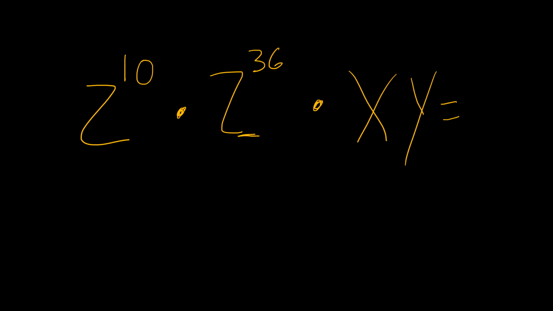Same thing. The z's are the same, so we can add the exponents. We can add 10 and 36. So our answer here would end up being z to the 46th power x times y.